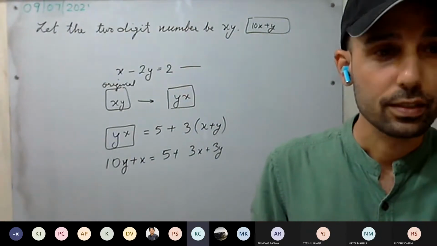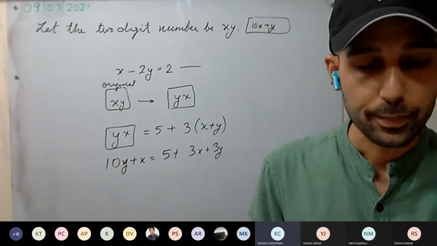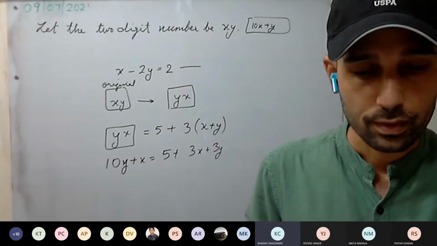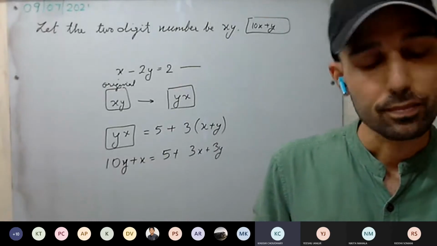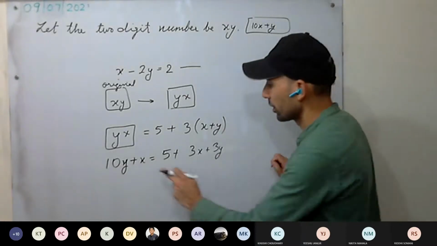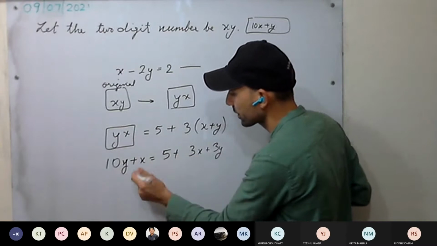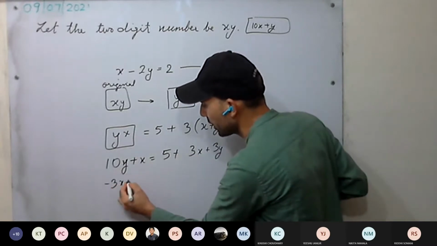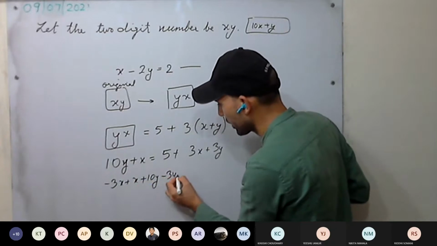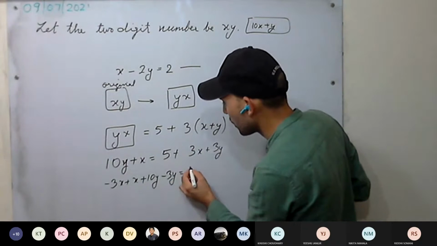The second equation is 2x minus 7y equal to minus 5. Yes, that's the second equation. So x goes on that side, 3x, it will be minus 3x plus x plus 10y minus 3y equal to 5.